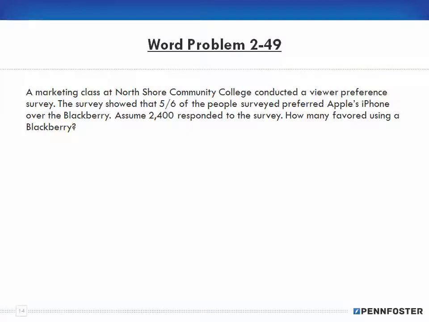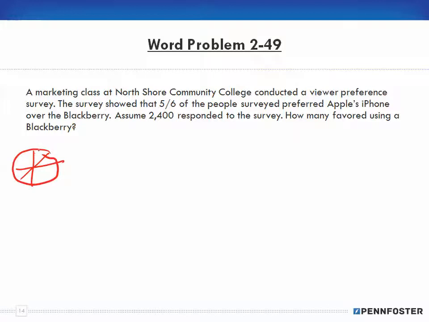A marketing class of North Shore Community College conducted a viewer preference survey. Their survey showed that 5/6 of the people surveyed preferred Apple's iPhone over BlackBerry. Okay. Well, again, if I'm thinking here, here's the whole, and if I divided this up into 6, that's 4, that's 6.